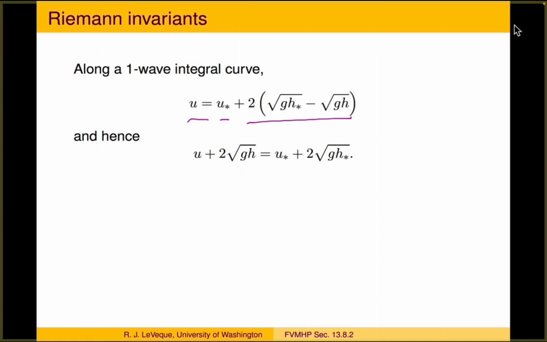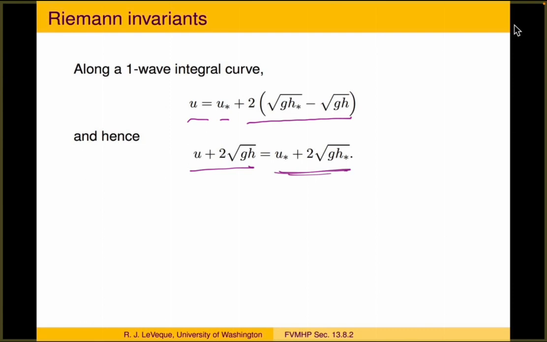So this is the integral curve that goes through some particular h star and h star u star in the phase plane. If we rearrange this a bit, it says that u plus 2 times the square root of g h is equal to u star plus 2 times the square root of g h star.